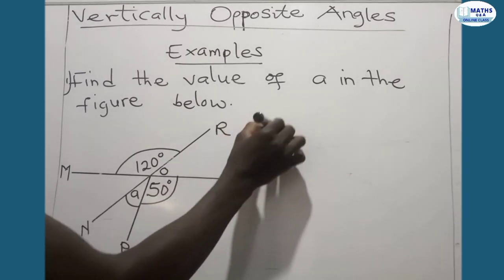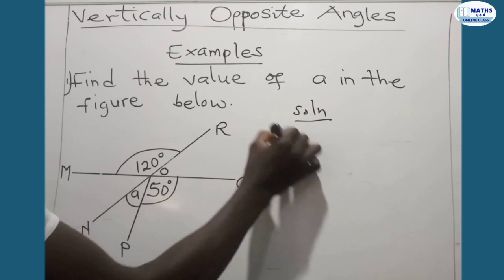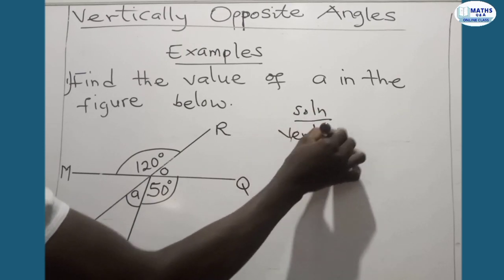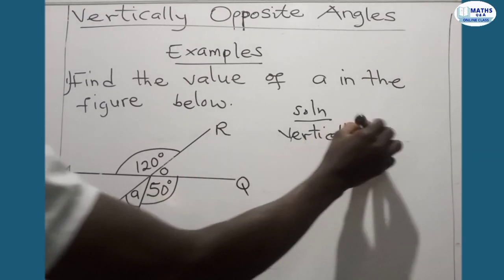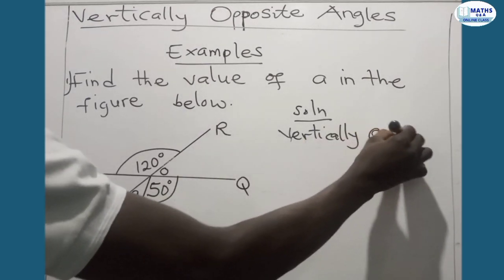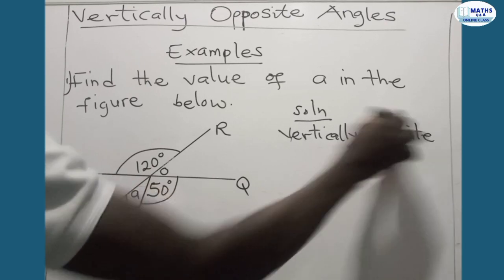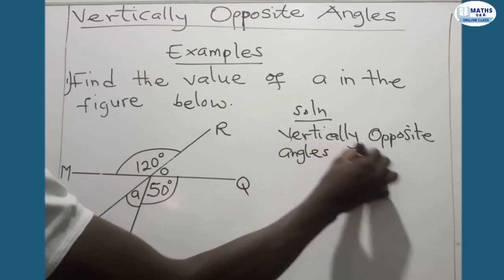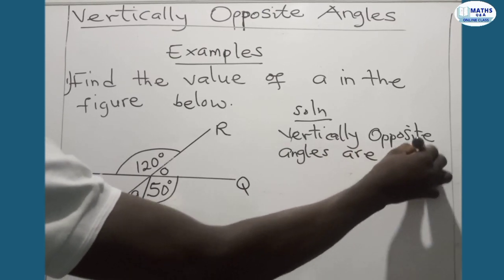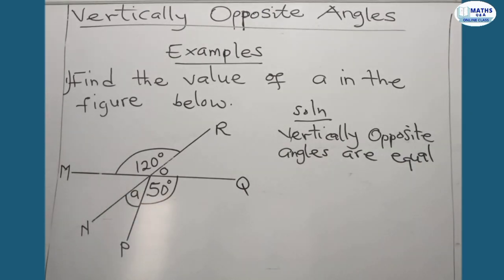So let me write it here. That is how you should solve it if questions are asked like that, okay? Vertically opposite angles are equal. So you have indicated the angle property that you are using.